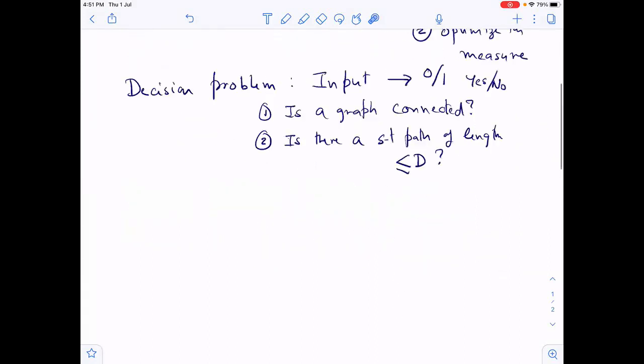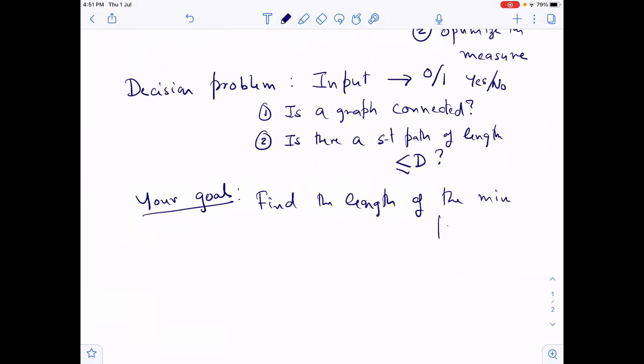So let's say that your goal is to find the length of the minimum ST path. Then we can vary the parameter, right? Yes, we can. So you have an algorithm here.